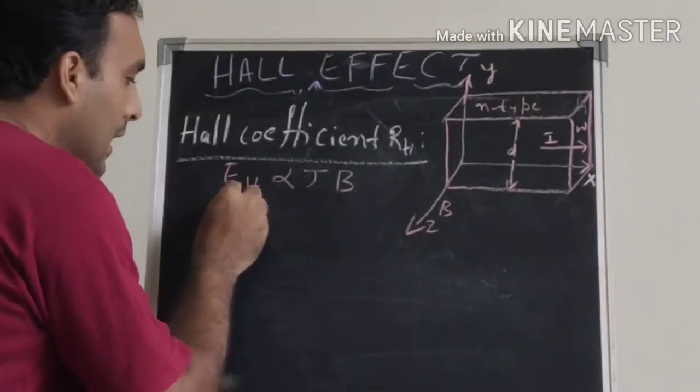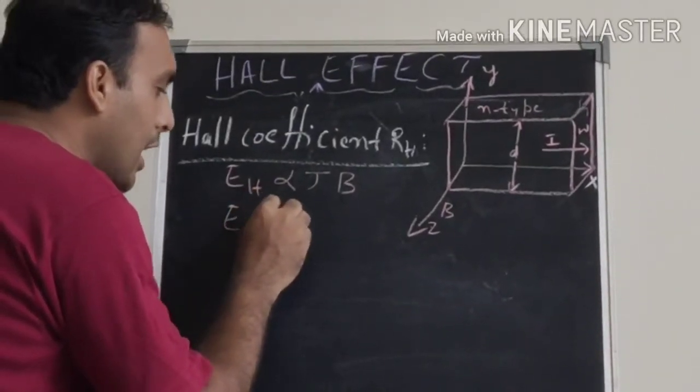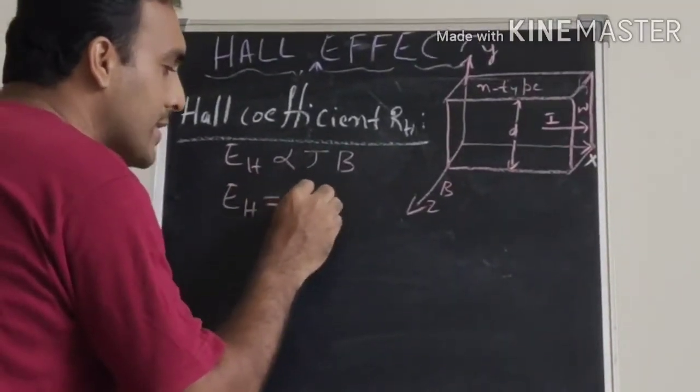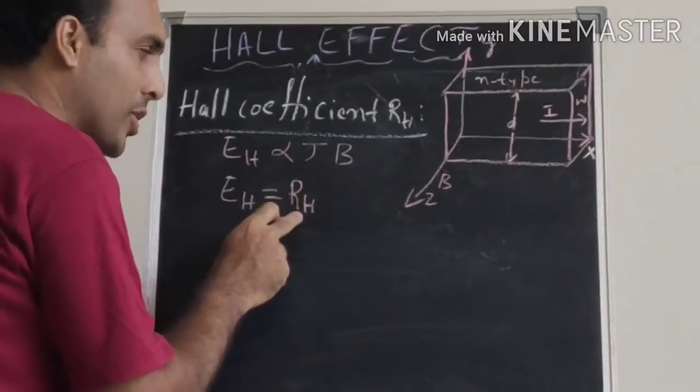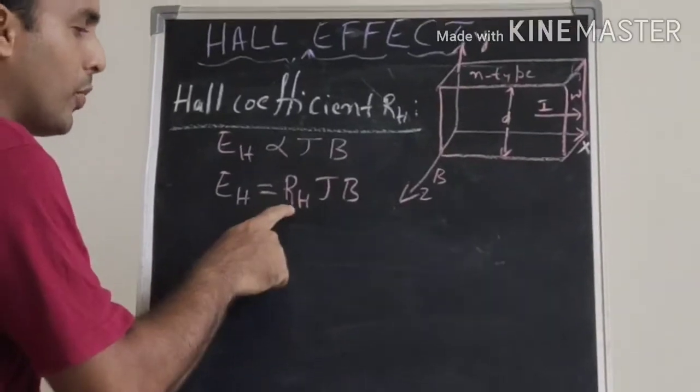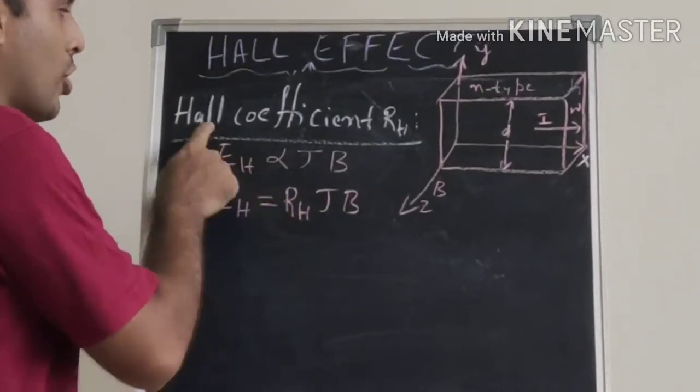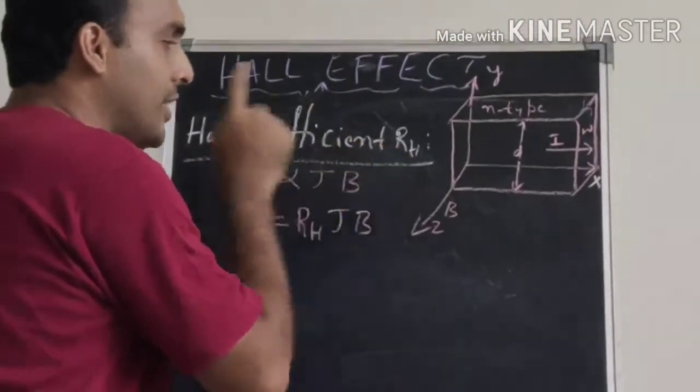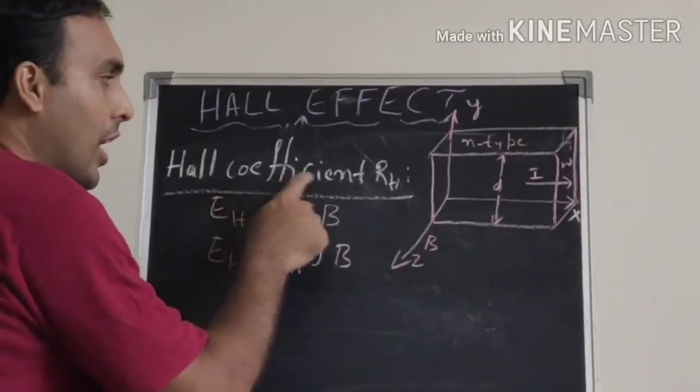Now we can write EH is equal to RH into JB, where RH is the proportionality constant. RH is called the Hall coefficient.